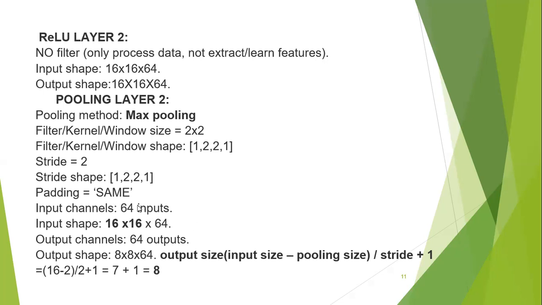The input channel is 64, and then here is the input shape, and the output is also 64. And here is the flattened layer. The image is flattened, ready to be introduced into the fully connected neural layers.